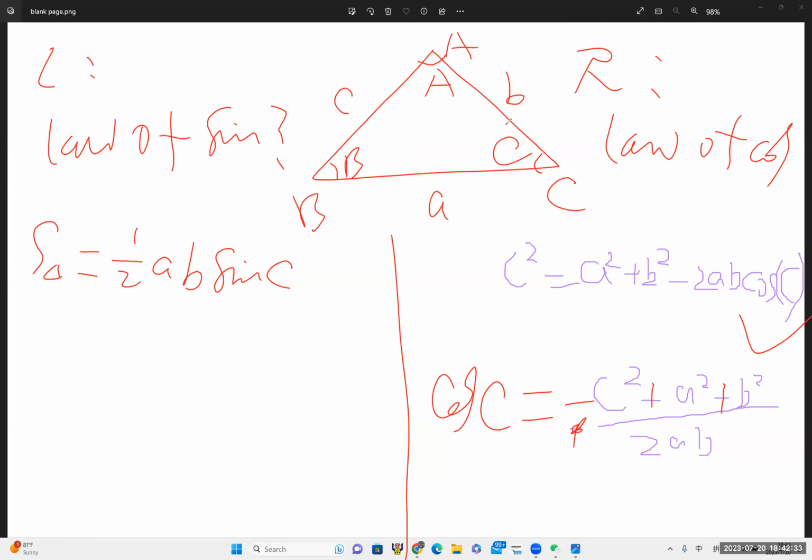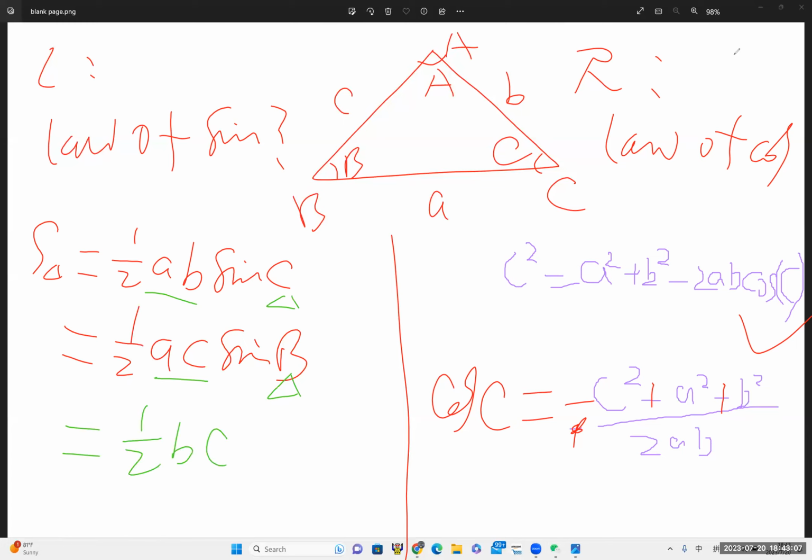Then similar thing, we have this equal to half a times c times sine of the angle between them, then it's angle B, right? If here has a, b, not c, then here is angle C. If here is a, c, not have angle B, then here is angle B, right? Then of course you can get half b c sine A, right?